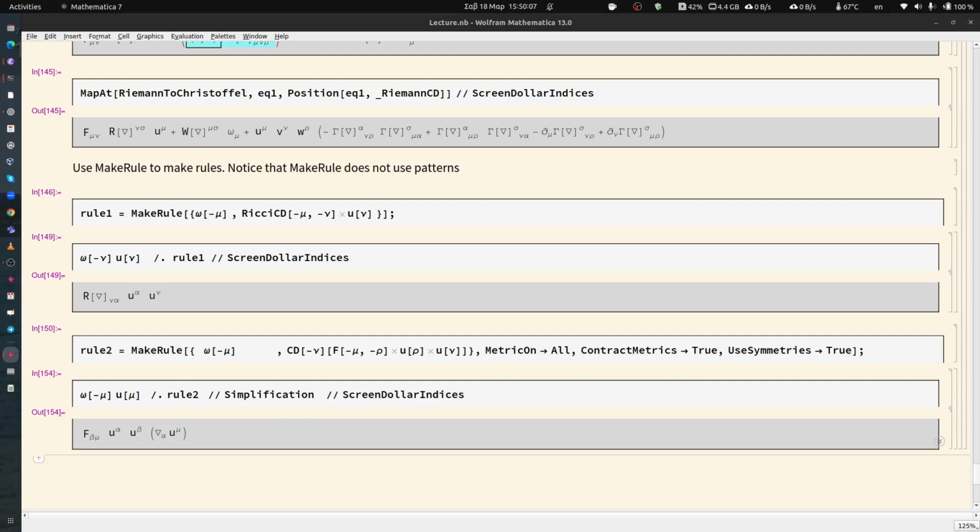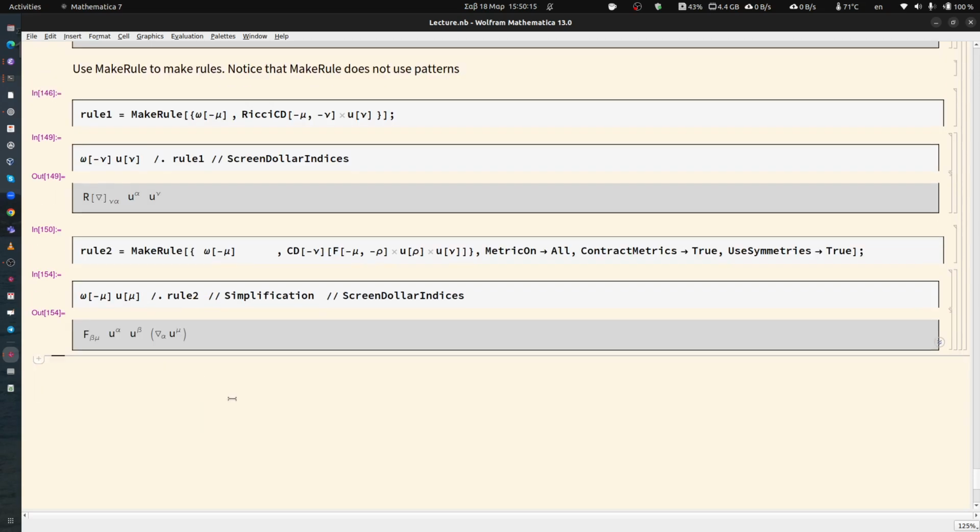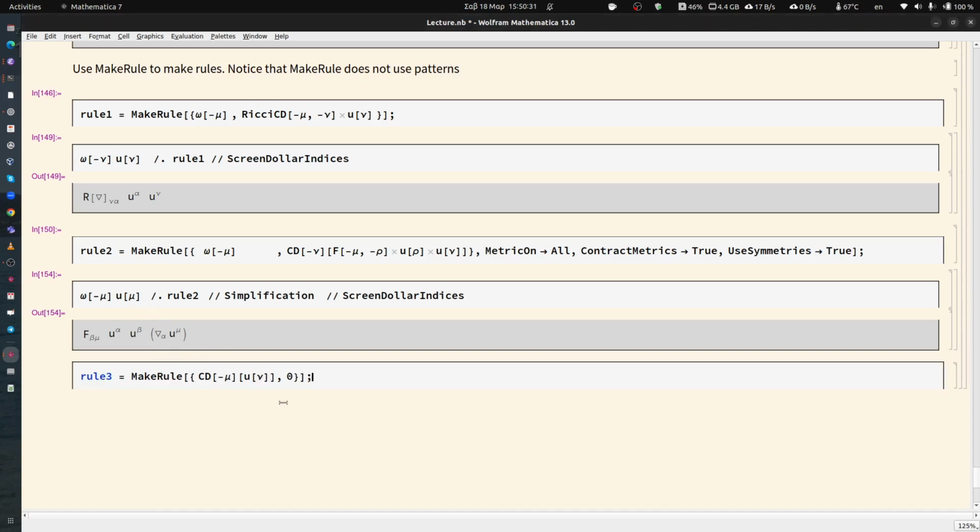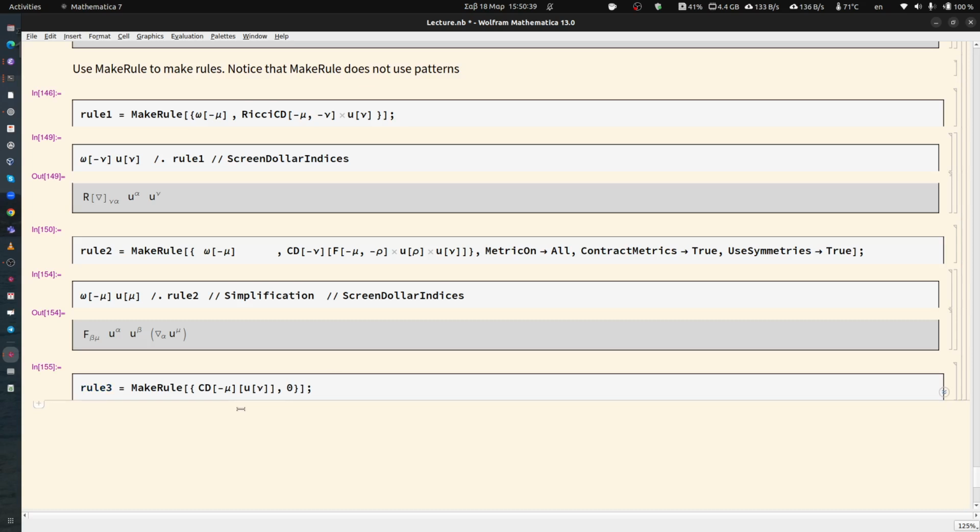Now, let's try to make a more composite rule. In this case, let's say that we have an expression and we know that the covariant derivative of u is equal to 0. And we want to substitute that into our equations. So we define a rule that says that the covariant derivative of u is equal to 0. That is rule 3. So again, let's write this expression here.